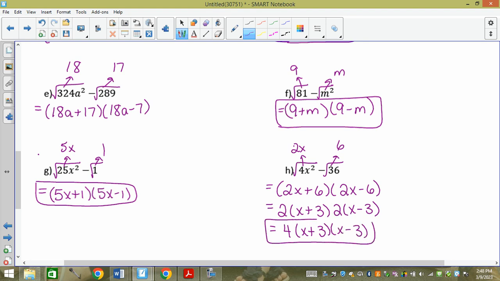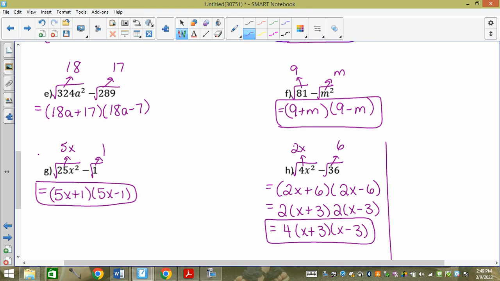But what I just said on the previous page is that you should always check for GCF first. Right? Did we check for GCF first, or did we go straight to decomp, or straight to difference of squares? We went straight to difference of squares, correct? Instead, what should I have done? I should have said, oh, 4x squared minus 36, I can take a 4 out. Correct?